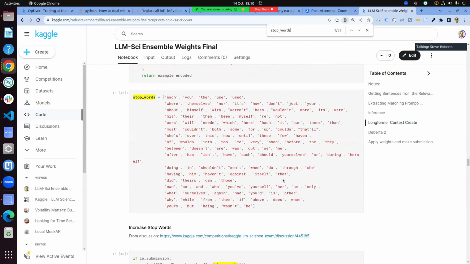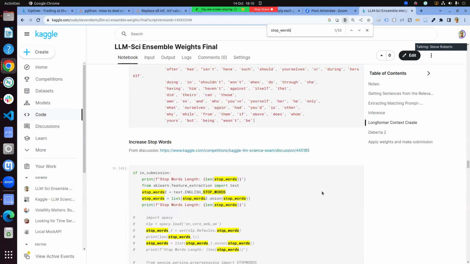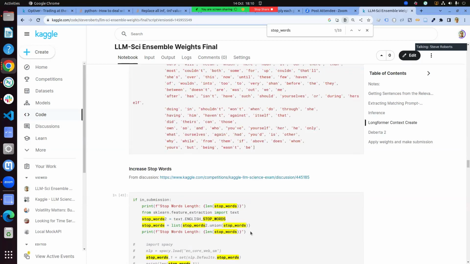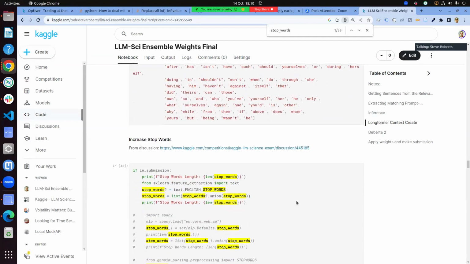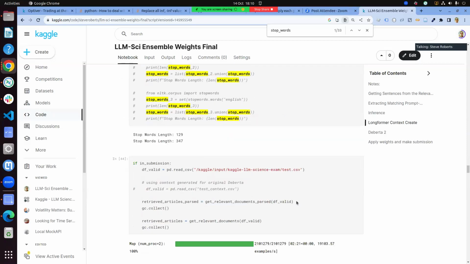Just having a few more of those, putting this in gave me a boost on the public leaderboard. It's not a great boost, 0.003, but it was enough to push you up above other people who had similar notebooks.